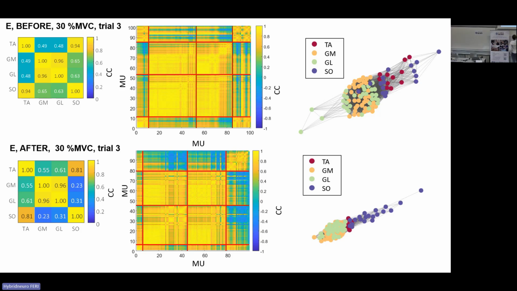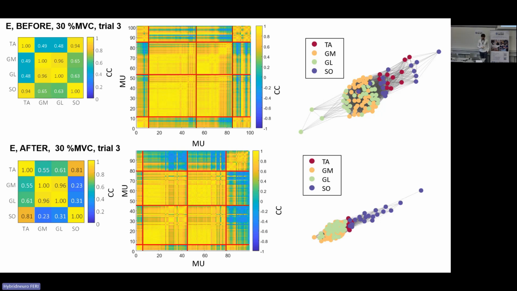So this is tibialis, gastrocnemius lateralis, medialis, and so on. The same stuff. And what we can observe here is that if we take a look at the tibialis against gastrocnemius medialis, there is no similar behavior between the muscles, but the motor units behave similarly.